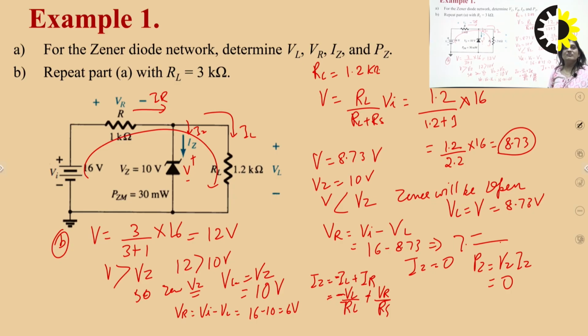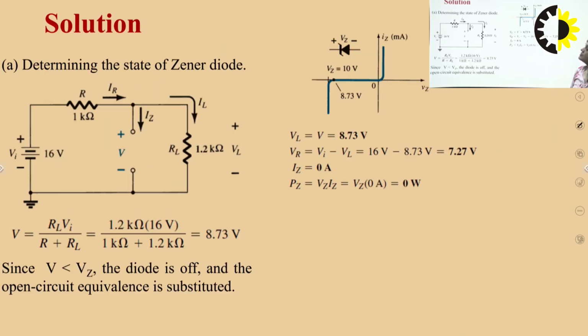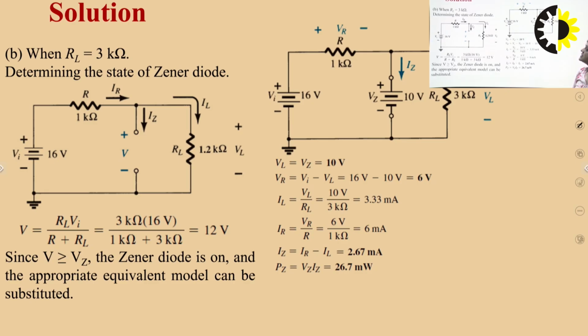Now the value of PZ would be equal to this IZ multiplied by VZ. It will provide the power dissipation. Now this is what I have solved in the previous slide. The same solution is given here, and this is the second part, that is with the 3 kilo ohm.